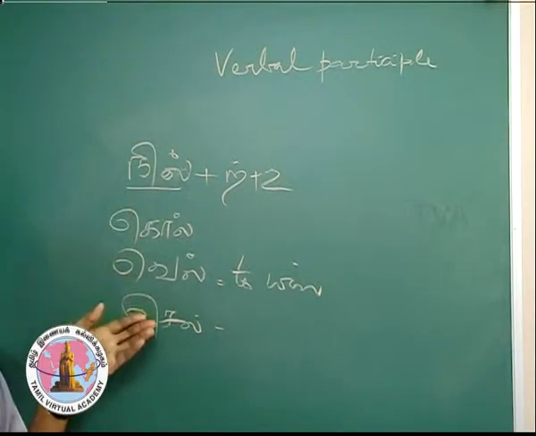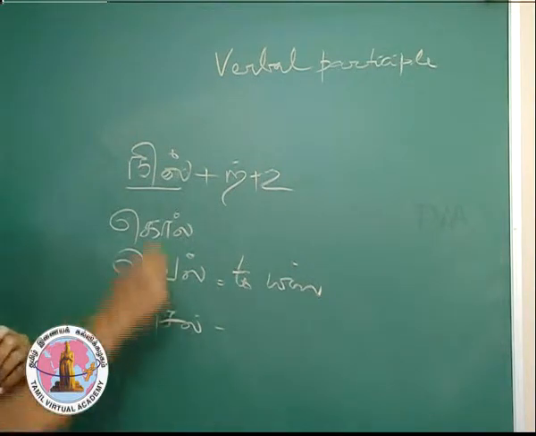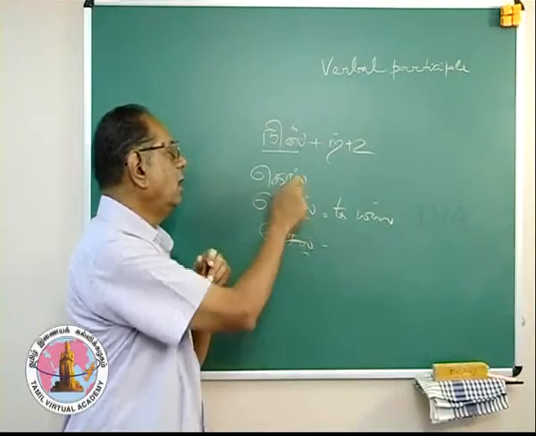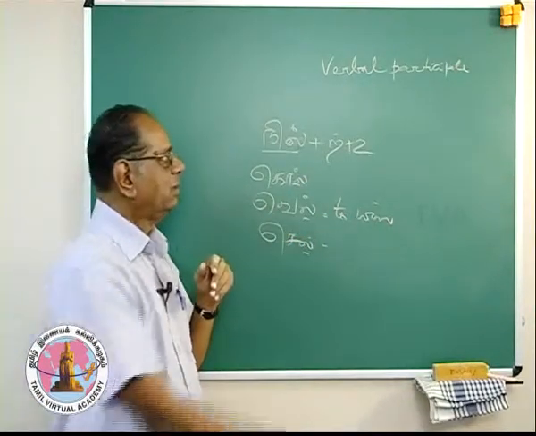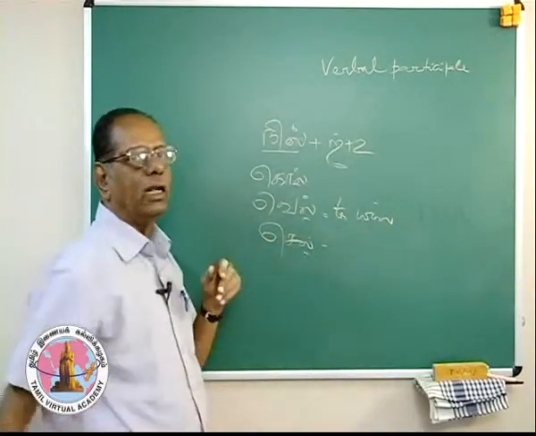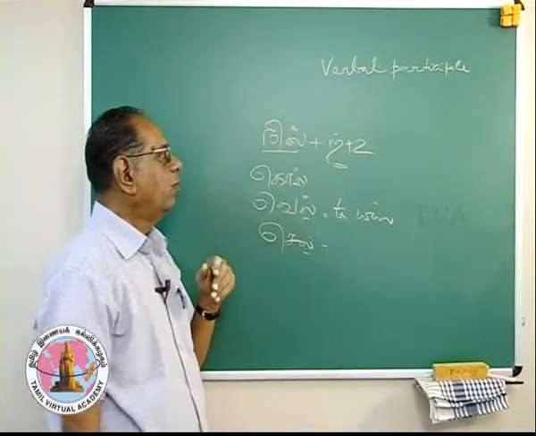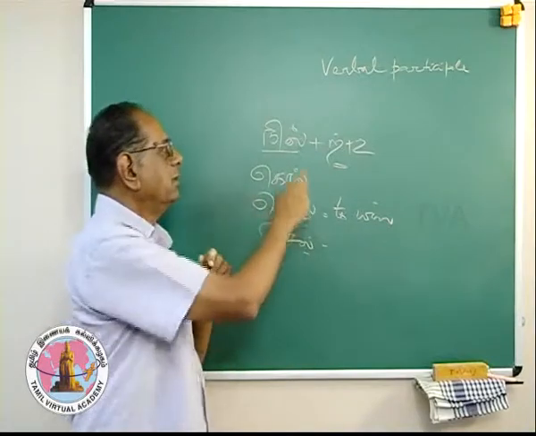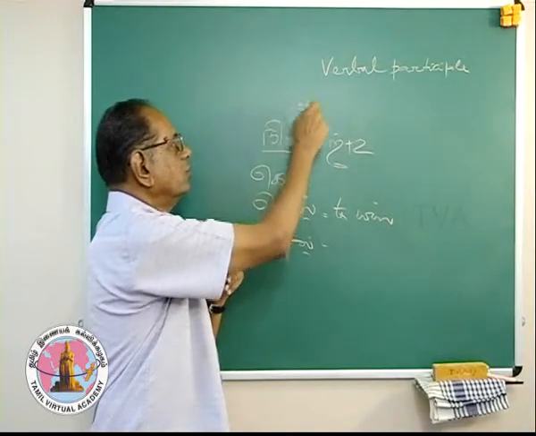All these are familiar. So all these verbs end with l and naturally accept this tense marker r. When this tense marker is to be added, they undergo a change.